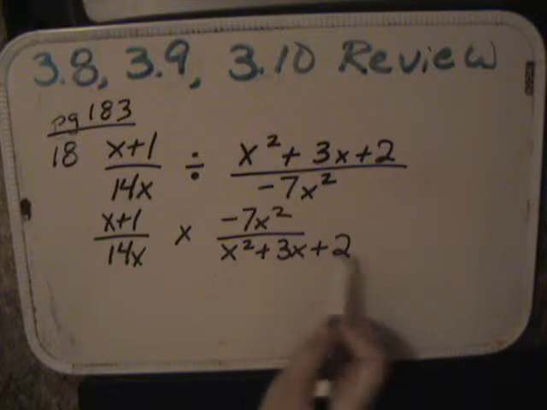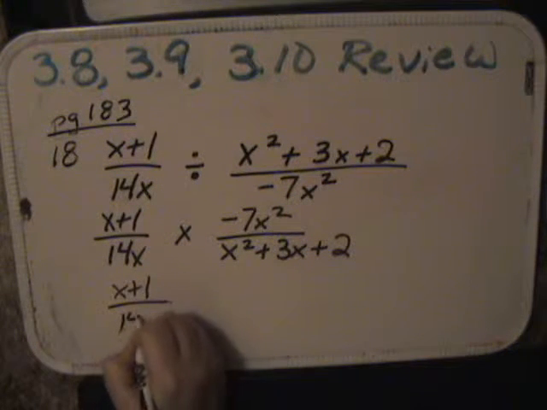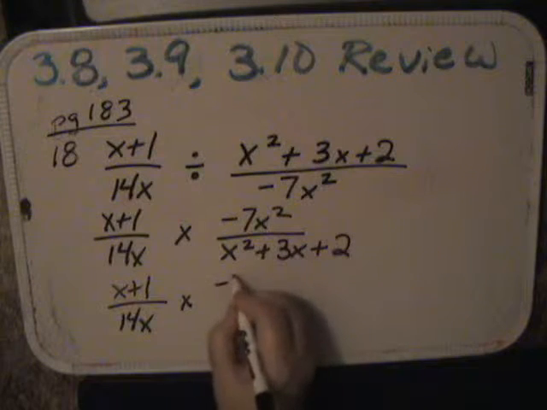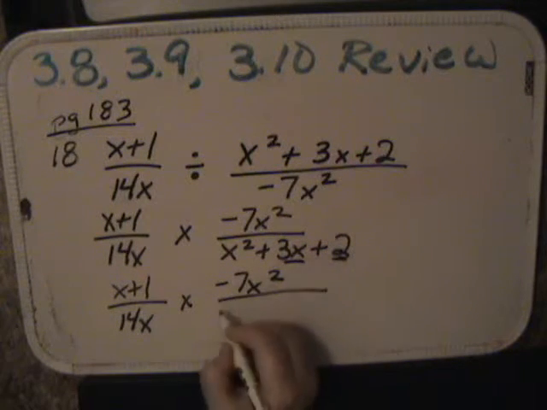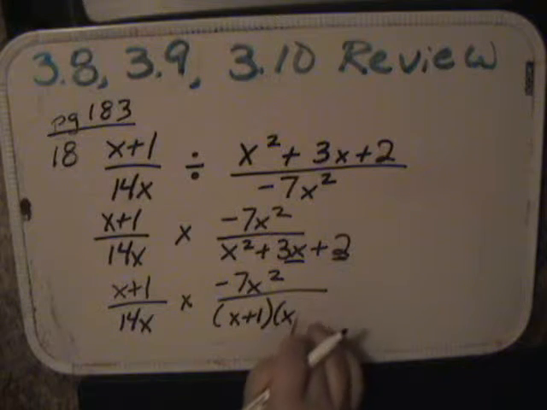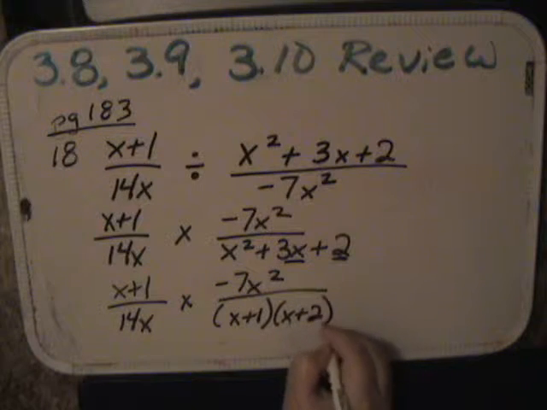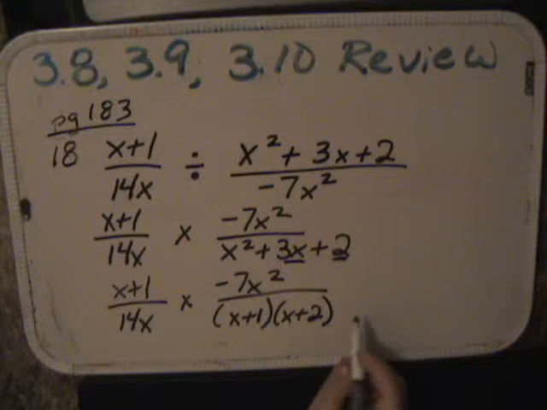So next thing I'm going to do is factor this one, x plus 1 over 14x times negative 7x squared, and then multiples of 2 that add to 3, that's going to be x plus 1, x plus 2, because 2 times 1 is 2 and 2 plus 1 is 3.